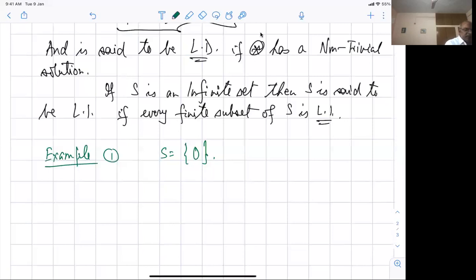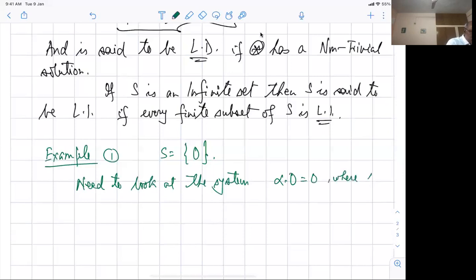Fine. If S consists of just the zero vector, then by definition, I need to look at the system alpha times 0 is equal to 0, where alpha is unknown. Fine.